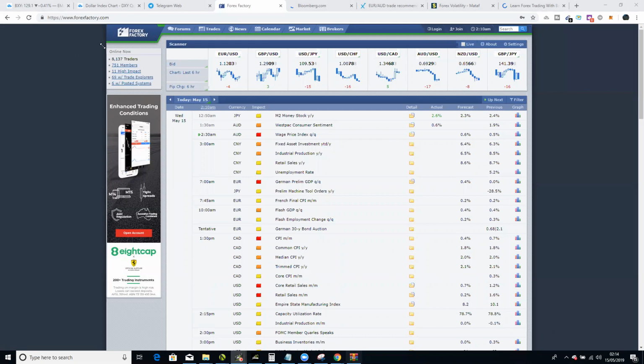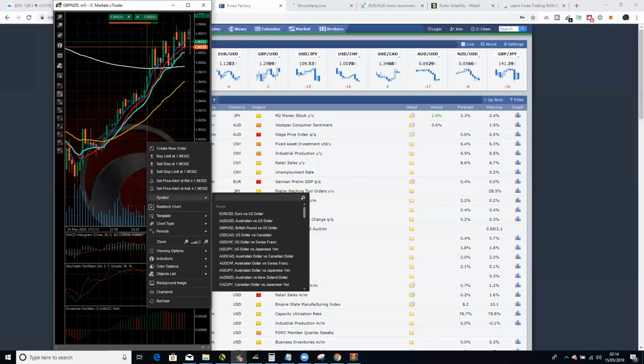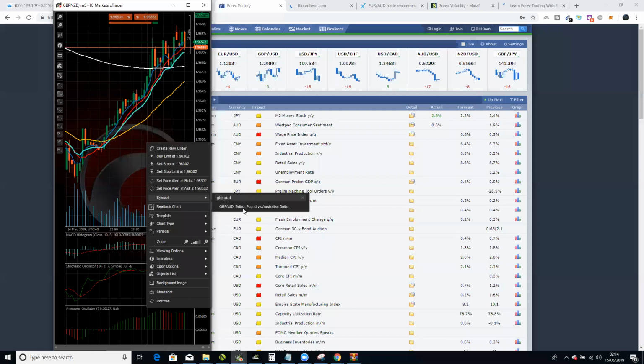So if I want to set that up, I'll just go into the chart of pound Aussie. Say for example, this is just for the news, just because the news is coming out. That's the reason why I'm doing this. Very soon I'll move into the main core essence of the day.